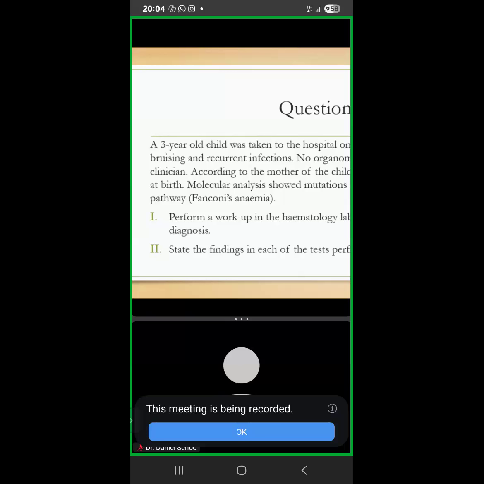So you see peripheral pancytopenia. Once you see it, it confirms that the pancytopenia on the full blood count is not wrong, and not a result of something we have done wrong.